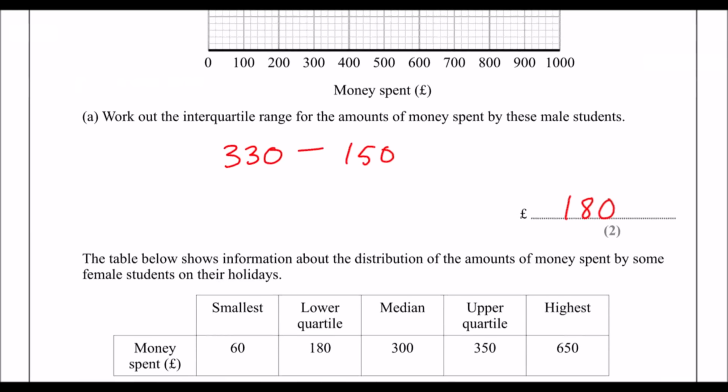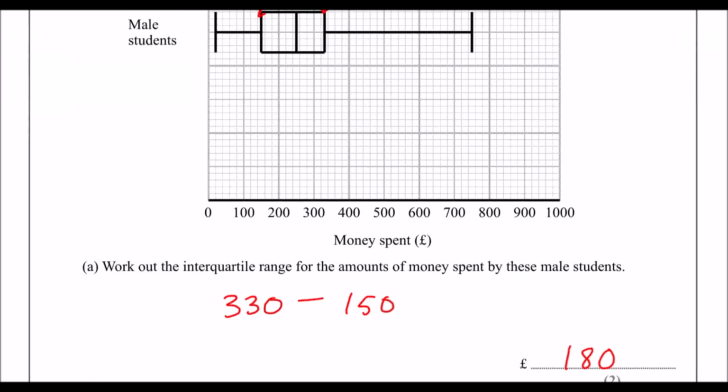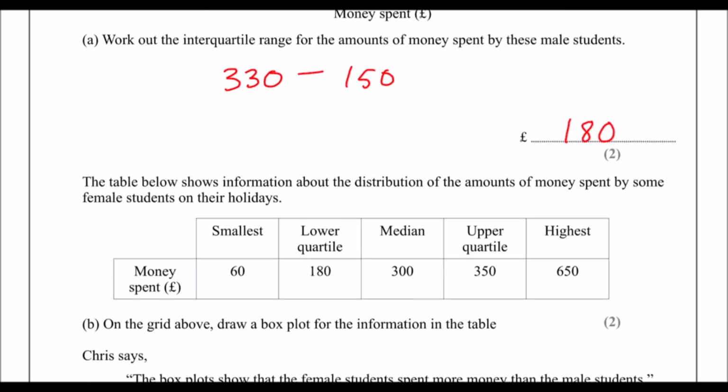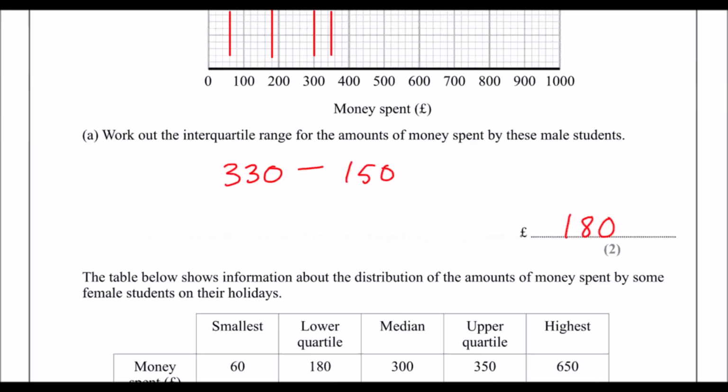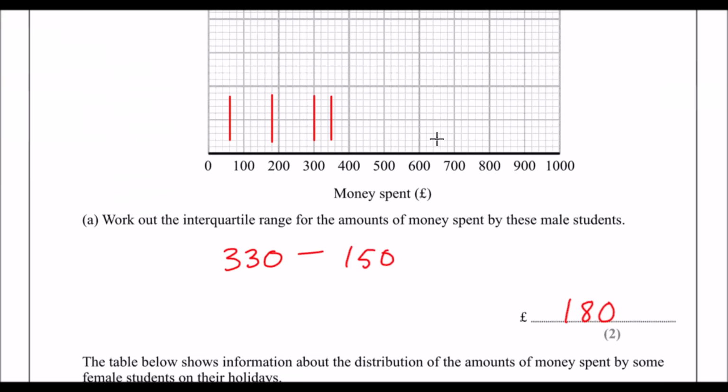So it's 60, 180. So 60 for the lowest. Then 180. 300 for the median, 350 for the upper quartile, and 650 for the highest amount.